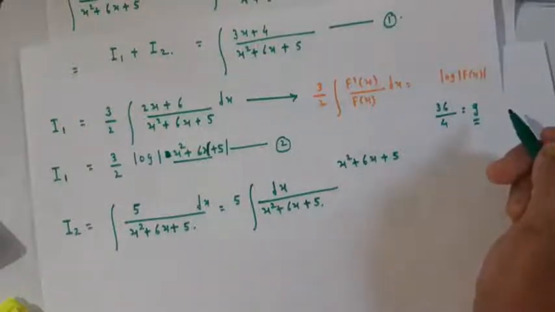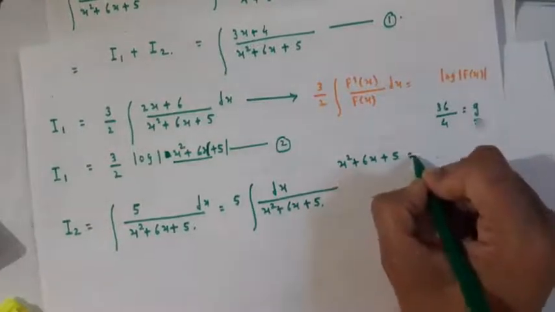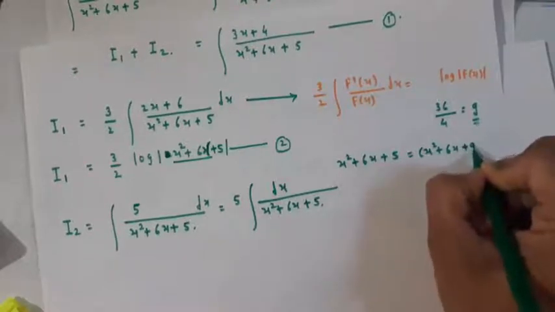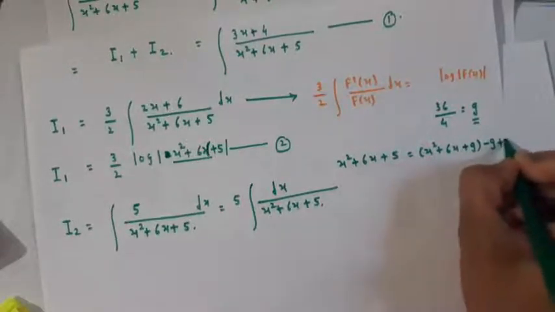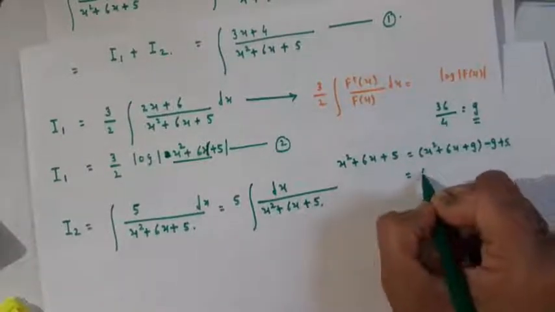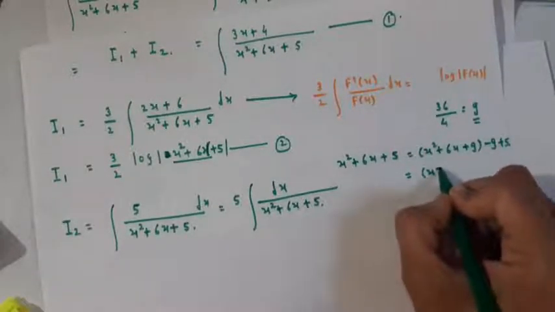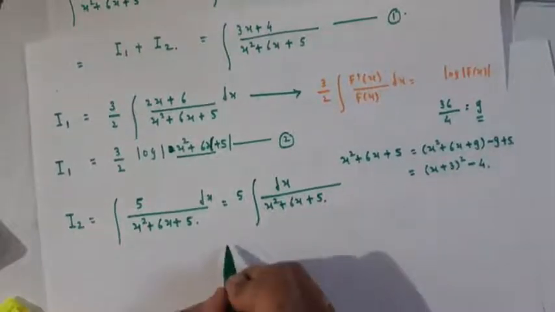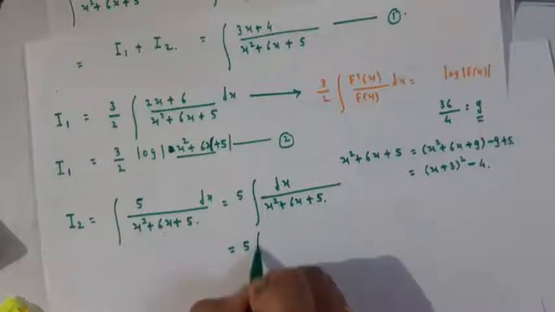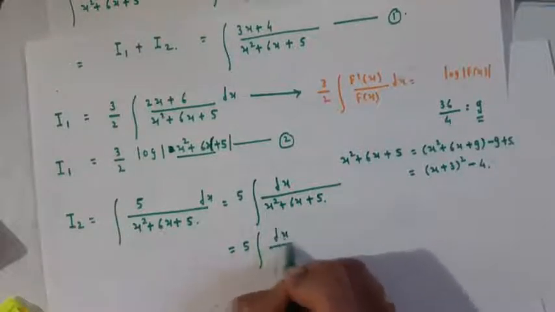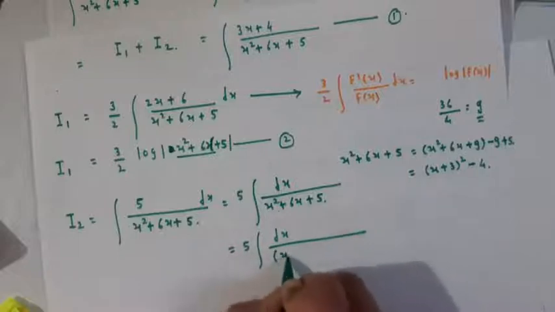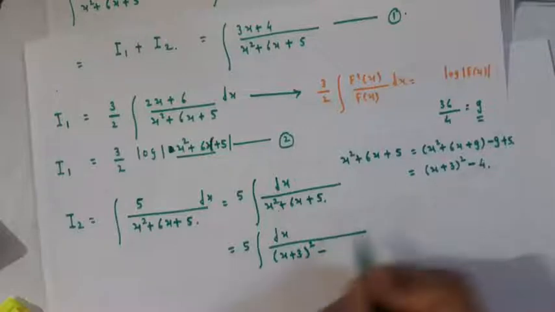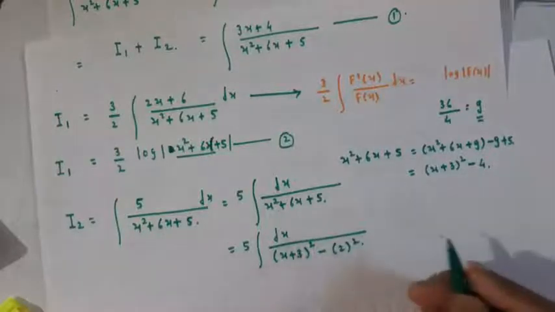That is equal to x square plus 6x plus 9 minus 9 plus 5, and this is the square of (x plus 3) whole square minus 4. And that's why its integration is 5 times the integration of (x plus 3) whole square minus the square of 2, since 4 is the square of 2, with respect to x.